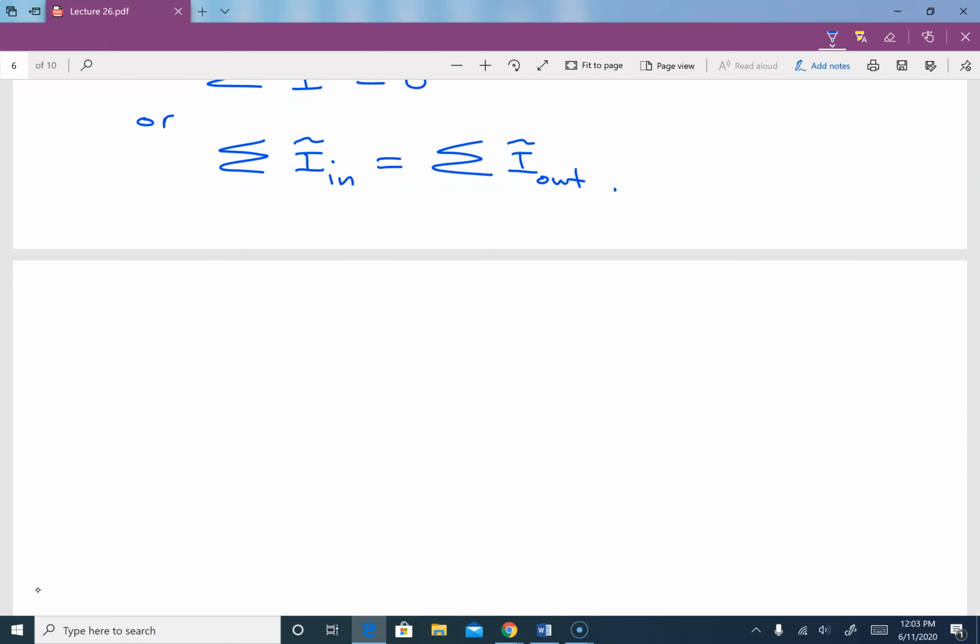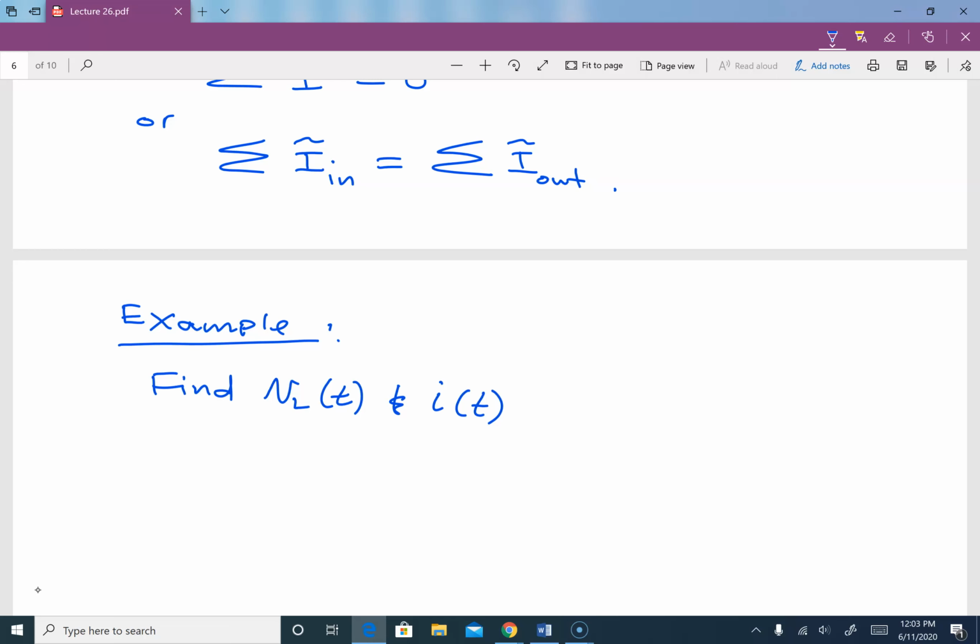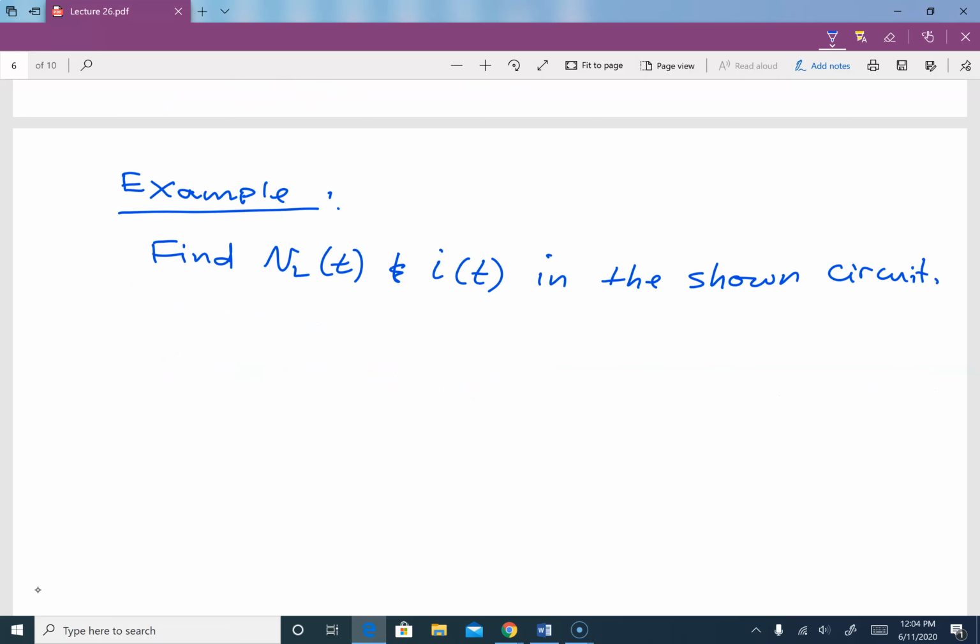So let us take an example here. We would like to find VL of t and I of t in the shown circuit. And this is our circuit here.